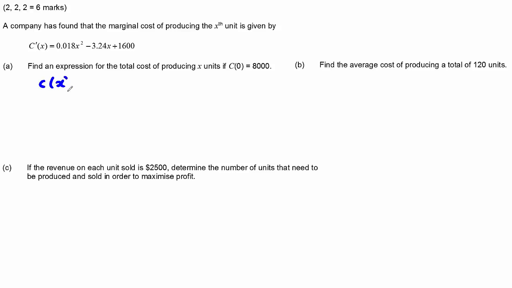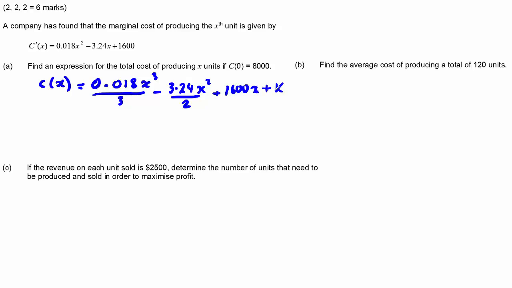So to get c of x, we're going to integrate. So that's going to be 0.018x cubed over 3 minus 3.24x squared over 2 plus 1,600x plus some constant, which I'll call k so as to avoid confusion with the c over here.